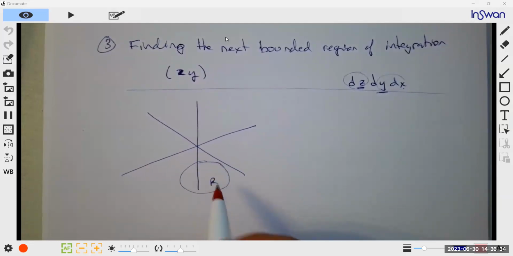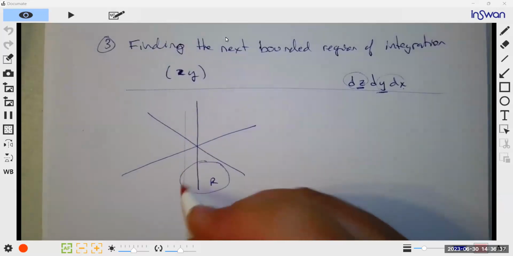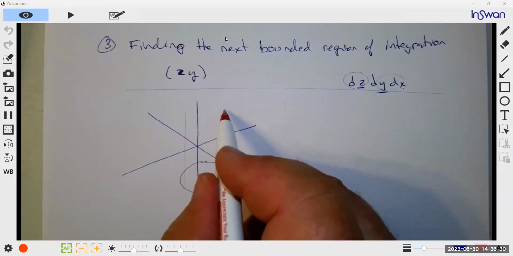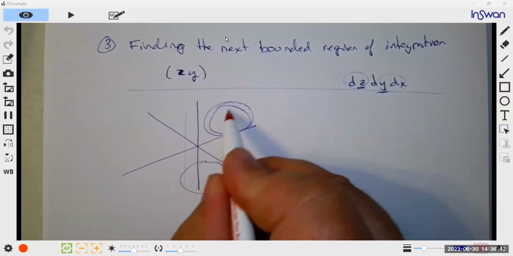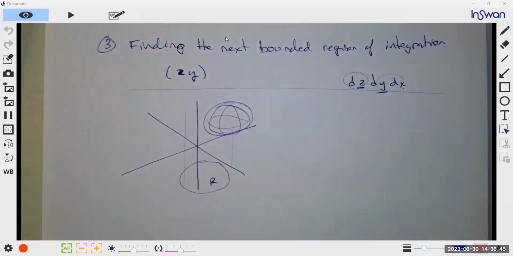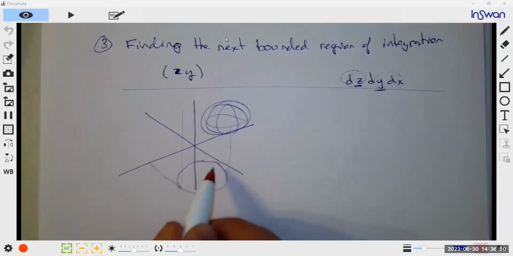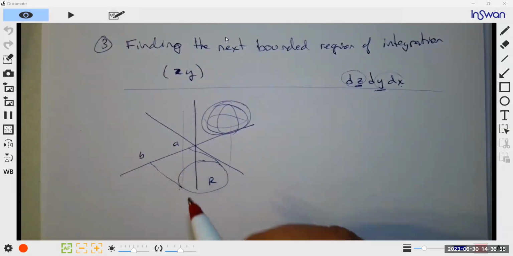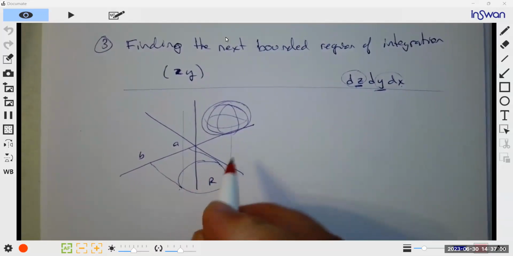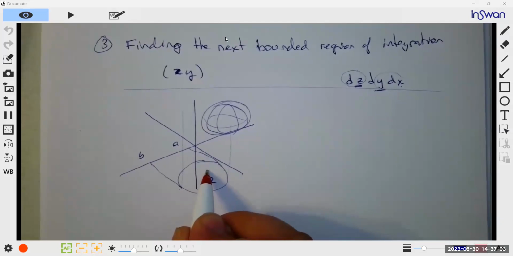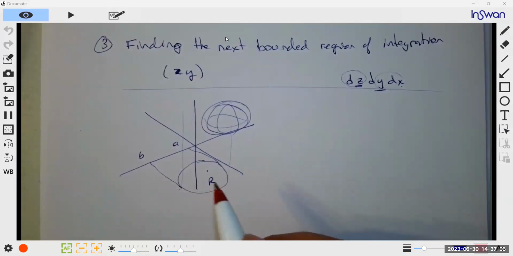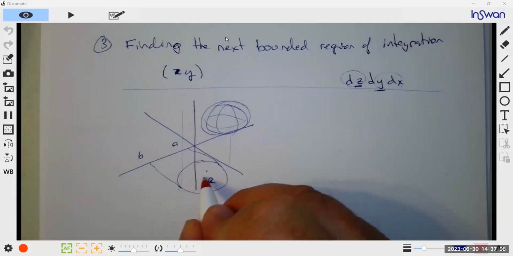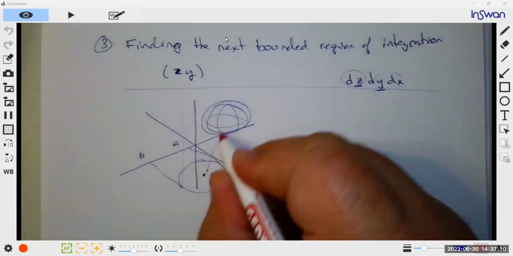This is our region R, and it matches that sphere up on top we had. So now for the y, we have our bounds of A and B. Now for this one, we're going to pick a point in R. Actually, it'd be easiest if we pick the center, if we could.